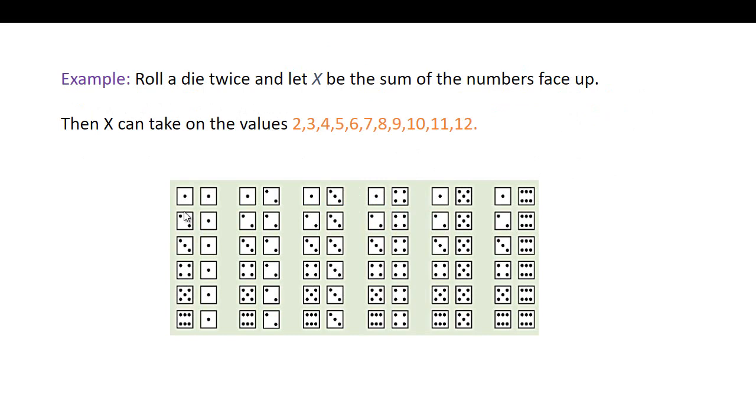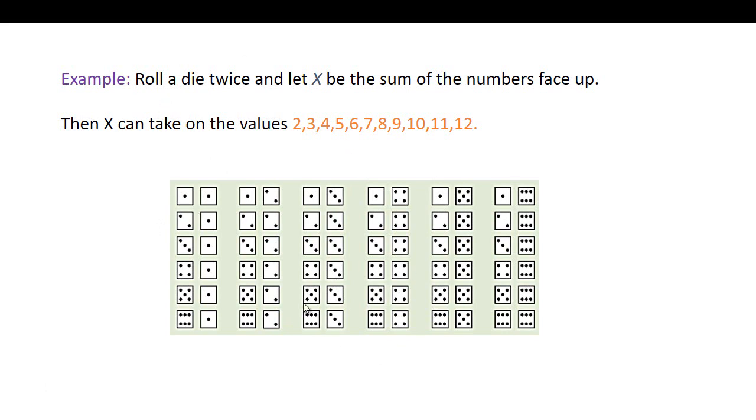Here's another example. If I roll a die twice and let x be the sum of the numbers that face up, then x can take on any values between 2 and 12. We've seen that before, and these are all possible outcomes from the 2 rolls.